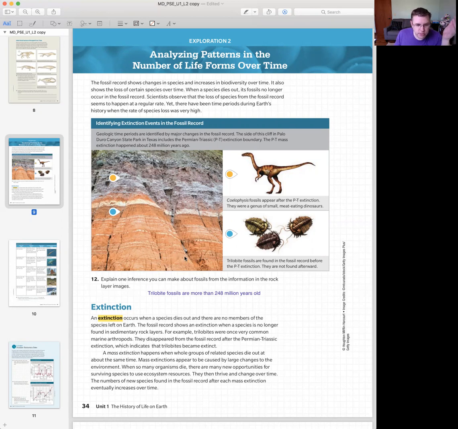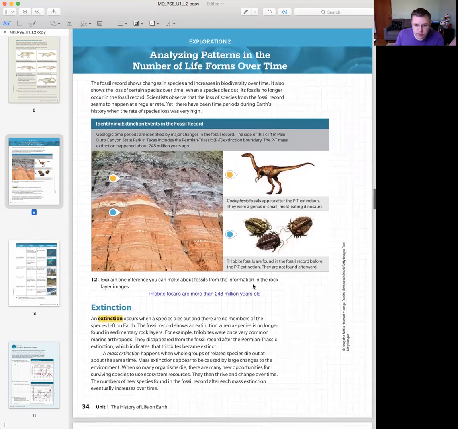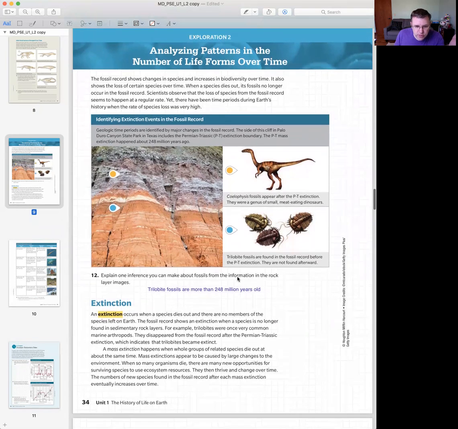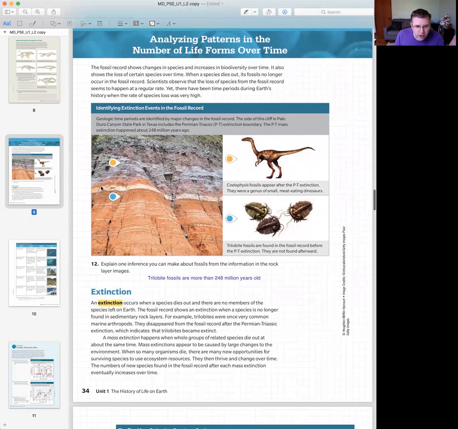Okay, so as we look here, number 12 says, explain one inference you can make about fossils from the information in the rock layer images. Well, from looking at this, we can see that our trilobites right here, if we find them there, are gone after we have this Permian Triassic extinction boundary.